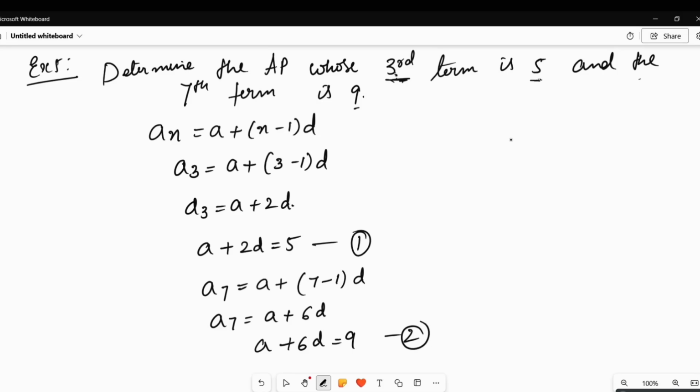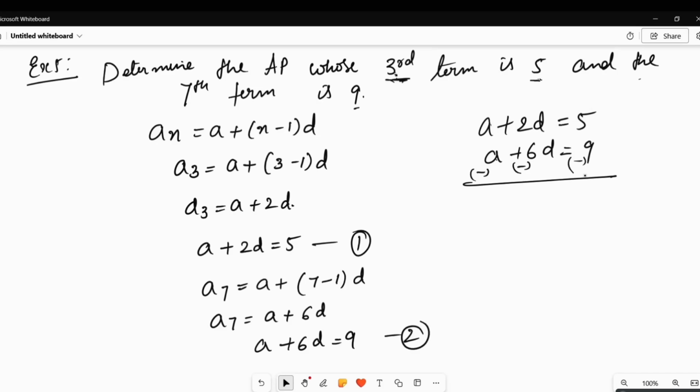Now we have two equations, two unknowns. a plus 2d is 5. a plus 6d is equal to 9. Do the elimination method here. So change the sign here. Linear equation, what we have to do is the elimination method. Minus a plus a is 0. 2d minus 6d is what? Minus 4d.